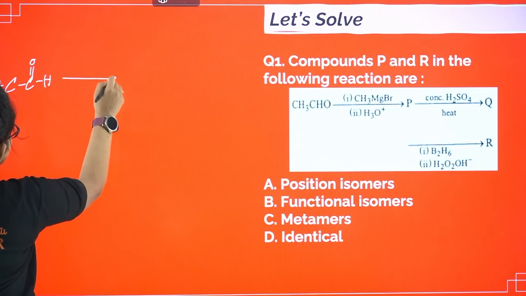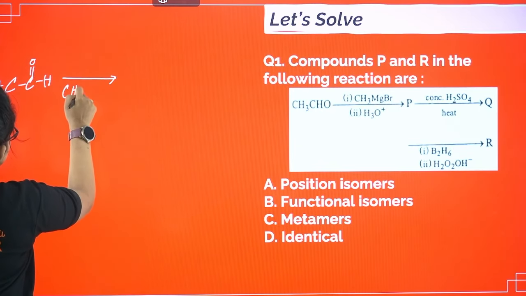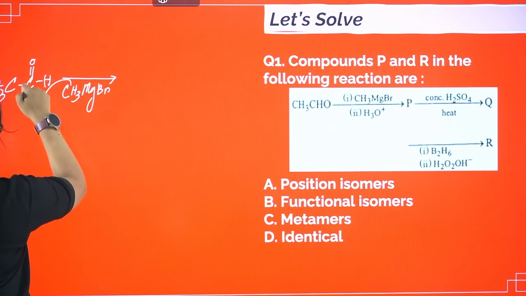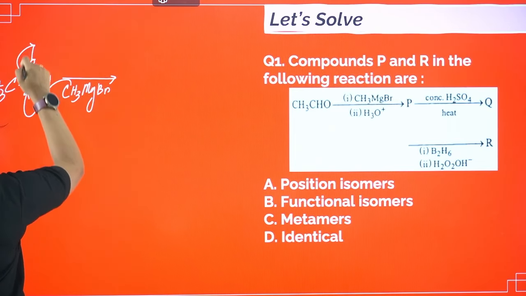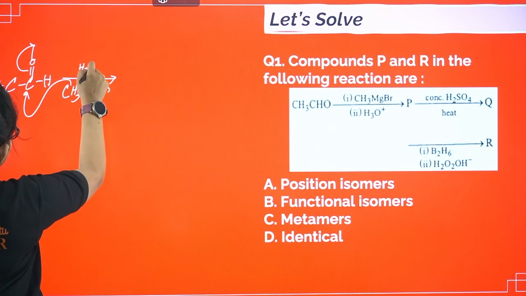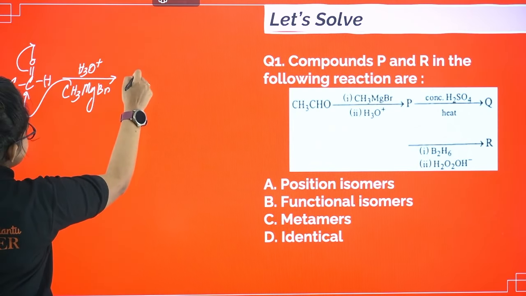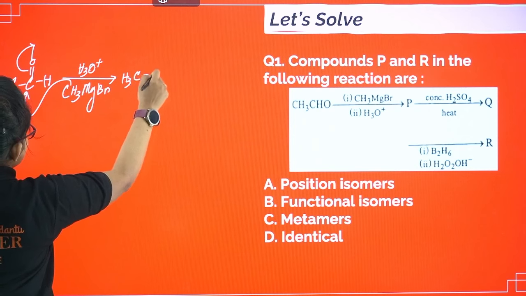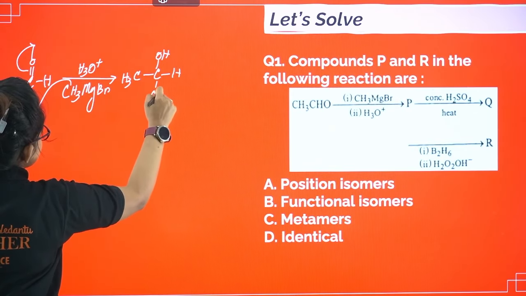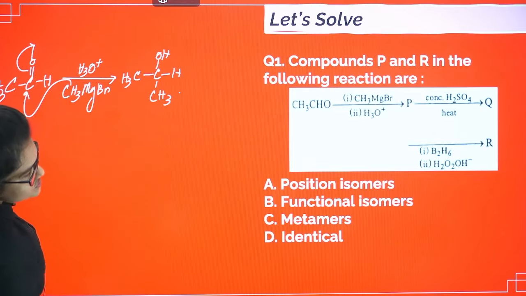Here I am giving CH3MgBr. So this CH3 group will attack over here, this bond will open up, and here if you give H3O+ at the end, then you will end up with CH3CH(OH)CH3. So that is your P.